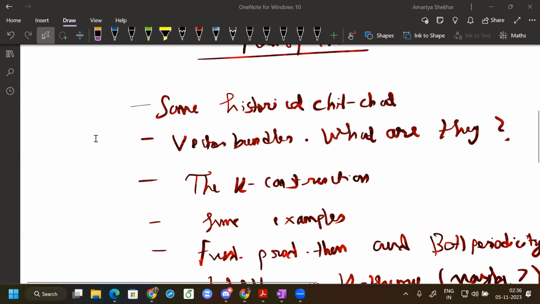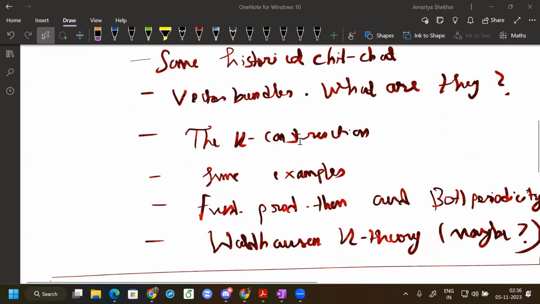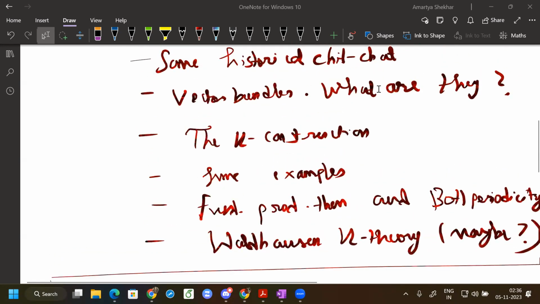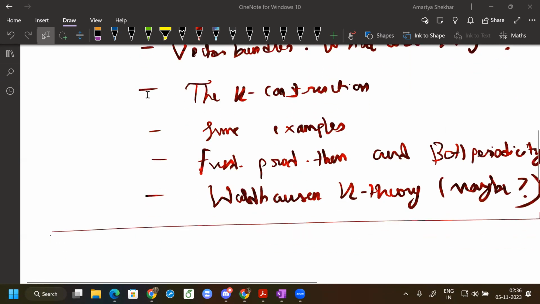Some historical chit chat, just to say why it's called K-theory. Then I'm going to start by defining vector bundles, then the K functor construction, and there will be a few examples.